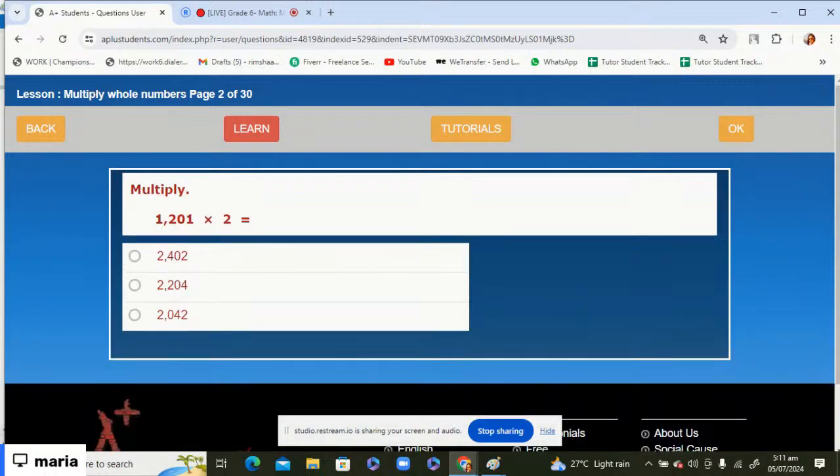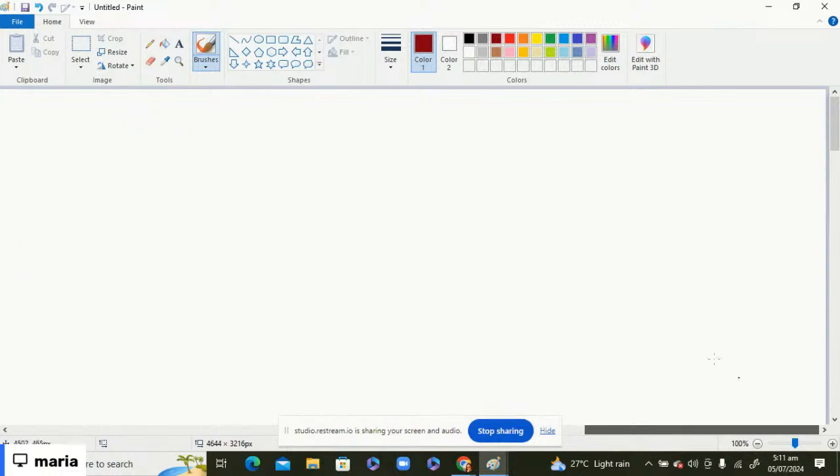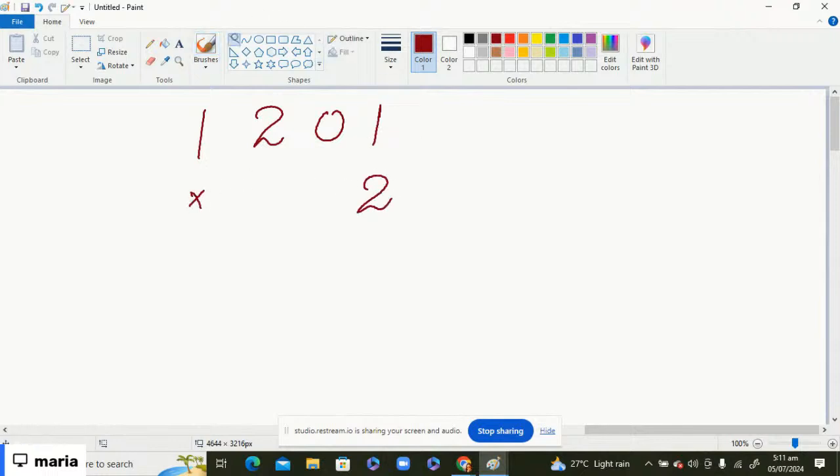Now look here, they are saying multiply 1201 times 2. Let's check. Okay, so when we're going to solve this one, 2 times 1 is 2, 2 times 0 is 0.